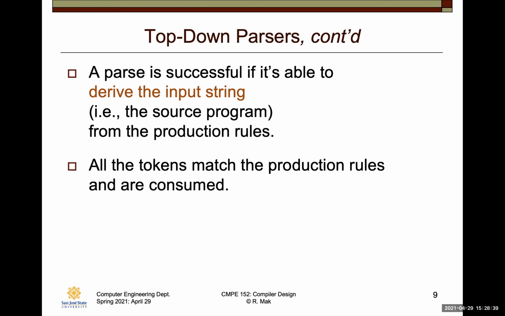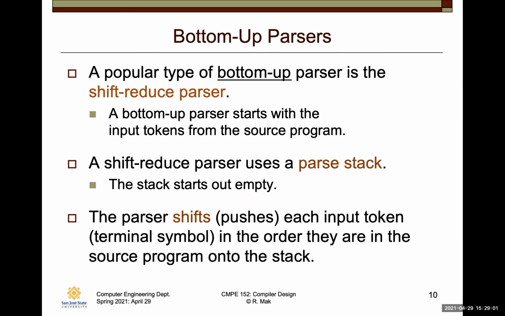And then of course, when the parser is working on your program, it has to consume all the tokens. There ought not to be any leftover tokens and so forth. So that's how top-down parsers work, and that's how we know that it succeeds. All right. Well, if they're top-down parsers, then of course there are bottom-up parsers.